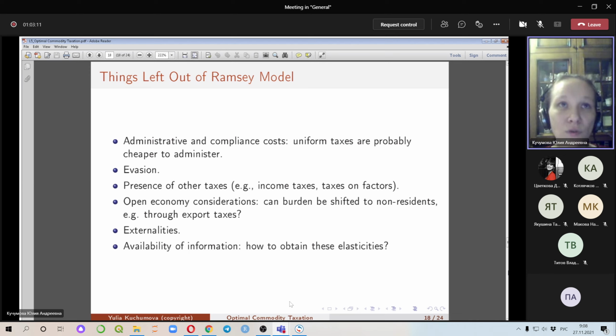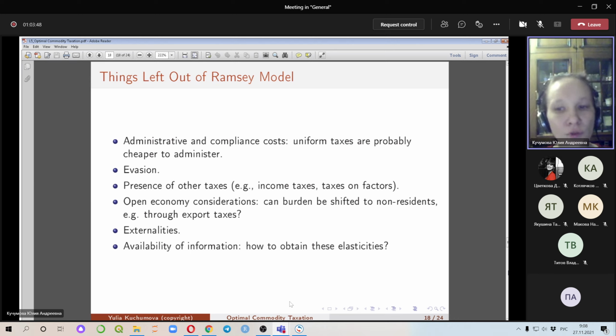If we tax different goods at different rates, then people would try to cheat on those rules and try to find ways to trick this system. Then another reason is that there is the presence of other taxes, income taxes on factors, and all other taxes. Open economy considerations that we do not include in the model.